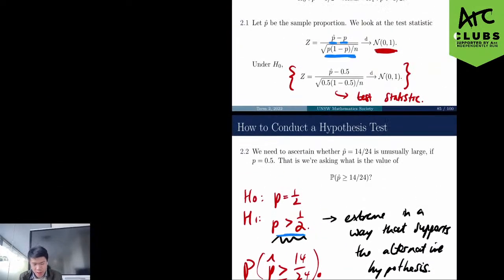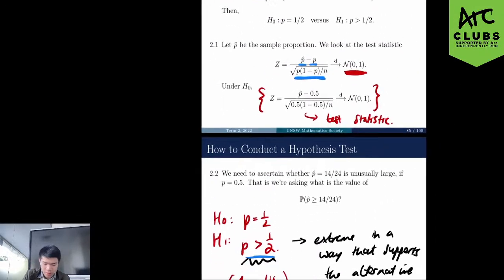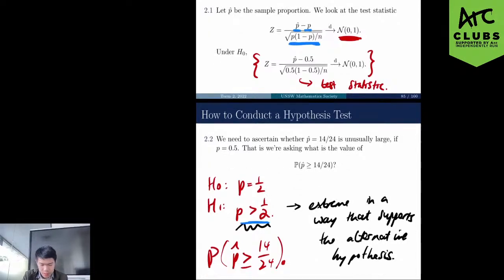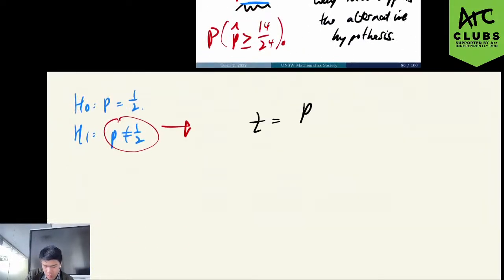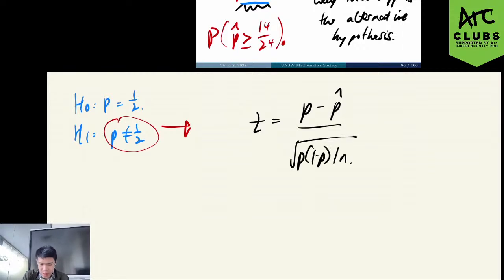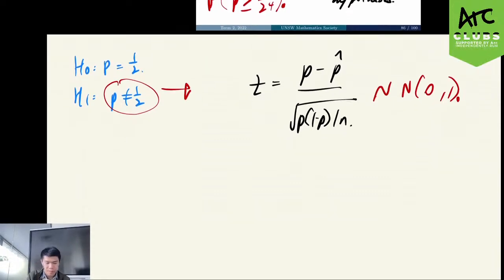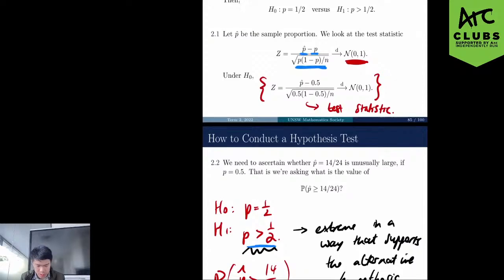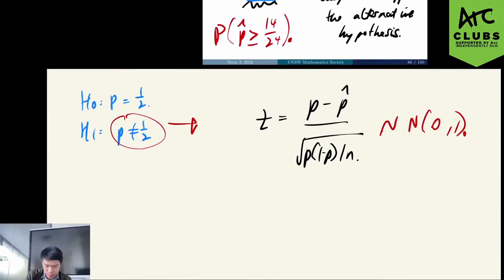That's why we tend to standardize our test statistic. If we standardize this, we get Z equals P hat minus the estimator of P, which has N(0,1) distribution. So this is equal to P hat minus 0.5, over the standard error.